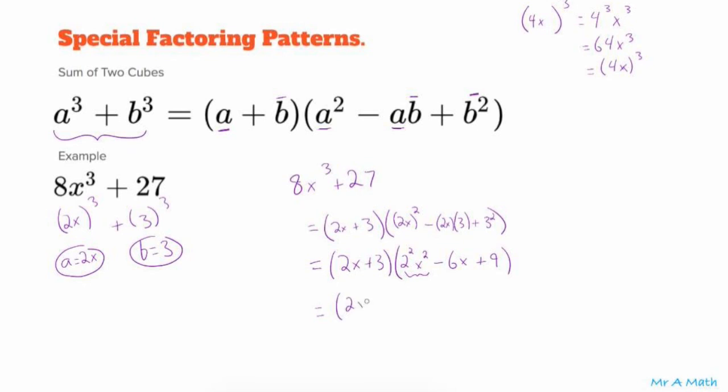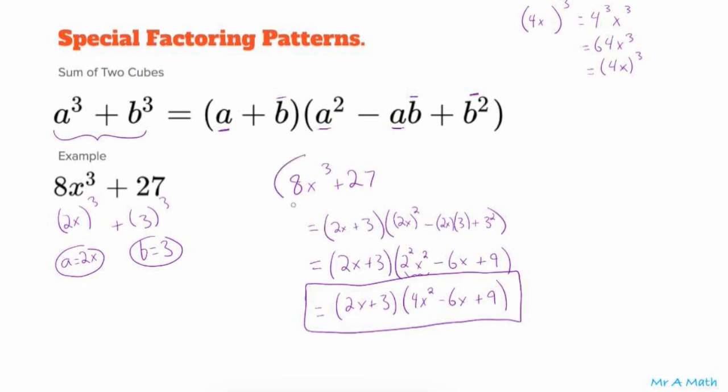So I get 2x plus 3 times 2 squared is 4, x squared is just x squared, minus 6x plus 9. And now this would be the factored form of this original polynomial, 8x cubed plus 27. So we can say 8x cubed plus 27 can be rewritten as 2x plus 3 times 4x squared minus 6x plus 9.